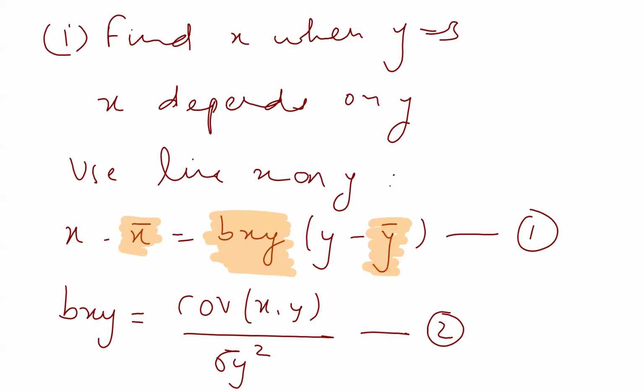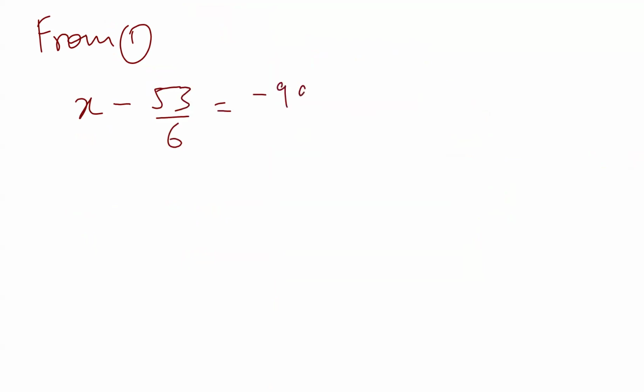So now what we are going to do is we will put these values in equation number 1. From 1, x minus x bar, so x minus 53 upon 6, bxy is, I suppose, minus 99 upon 177, and y minus y bar is y minus 51 upon 6.